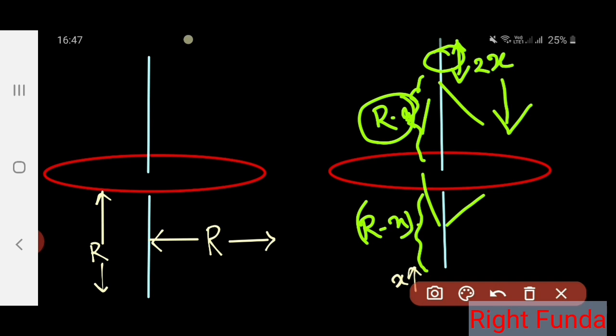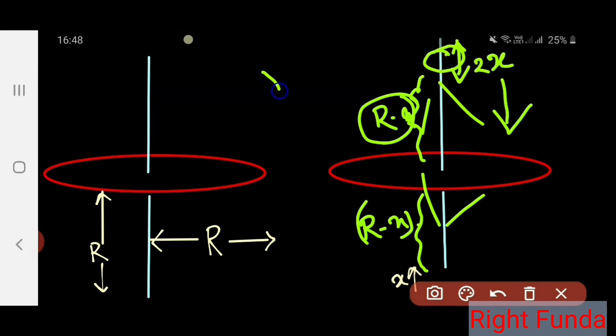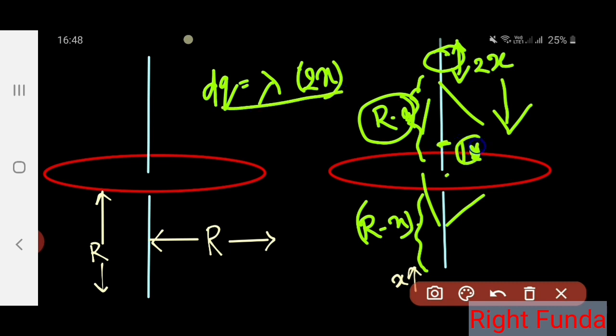So basically we need to find the force on this small element. If lambda is the charge per unit length, the amount of charge that I have considered here is lambda into 2x. So basically the center of mass of the rod has been shifted by x distance, but the net force acting is due to this much part. On the other part, the forces are getting cancelled. So the force on this part is equal to the electric field into this much charge.